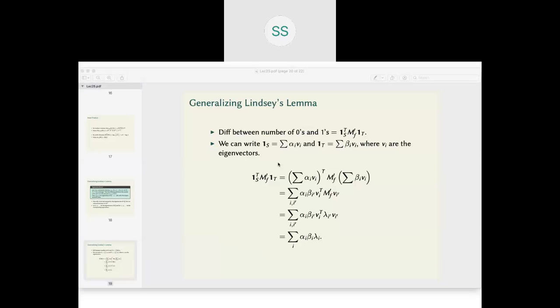And now the next step is interesting. Using the orthonormal decomposition, we can write 1s as summation alpha i vi, where vi are the eigenvectors, and similarly 1t as summation beta i vi. So we are using the fact that they form an orthonormal basis for the entire space.